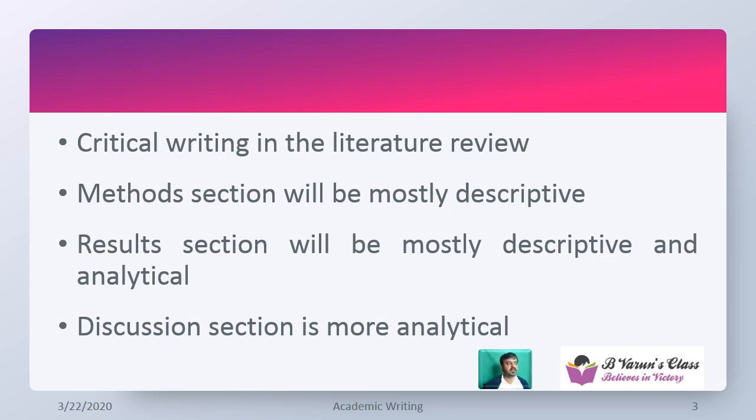In the critical writing, the literature review is used to show where there is a gap or opportunity in the existing research. Second, the method section is mostly descriptive, because we need to summarize the methods used to collect and analyze the information.